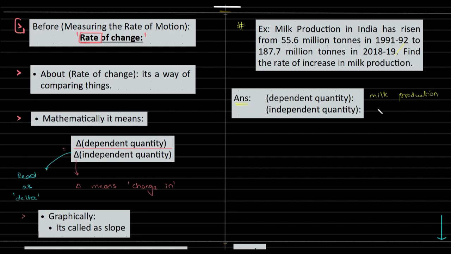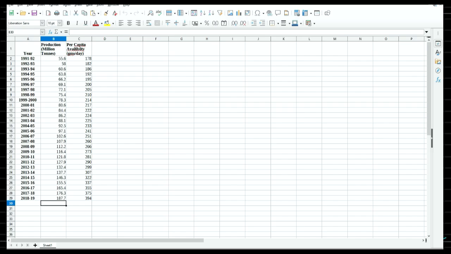The data has been handled in that way. You can see over here, for every year, how much milk production was there, that data has been collected. So here, the dependent variable is production of milk and the independent is years.